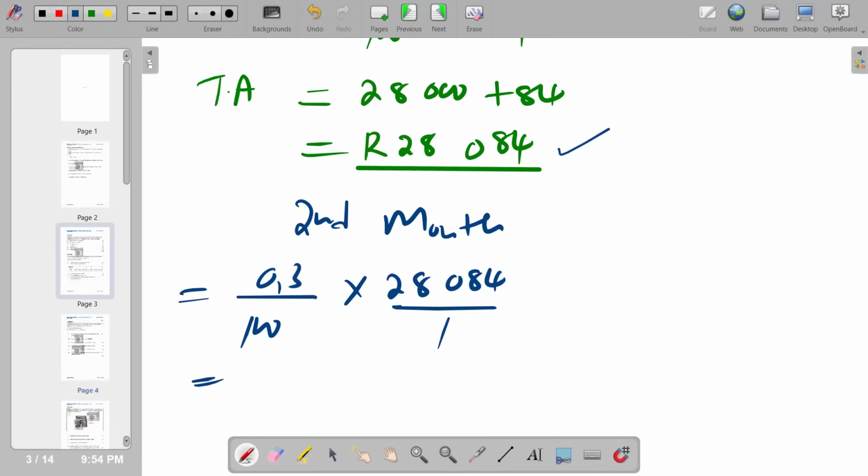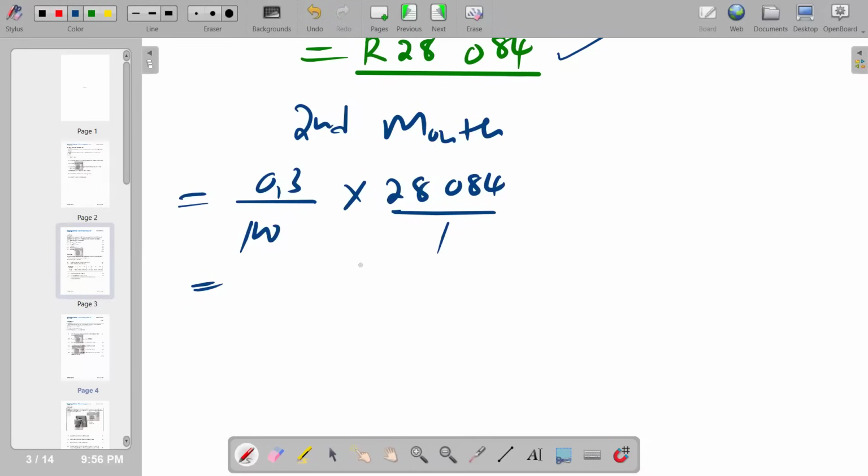So we calculate it and see what we get. We are going to get your answer, 84.25, so 84 and 25 cents.